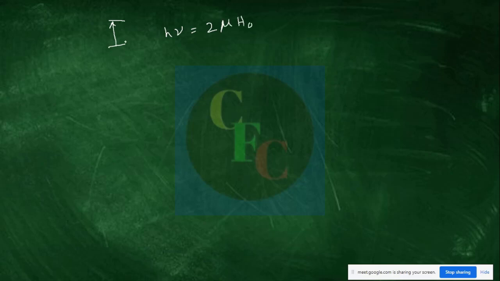Now this transition can be done in two ways. First, you keep H0 constant, that means the external magnetic field is kept constant, and you vary nu.